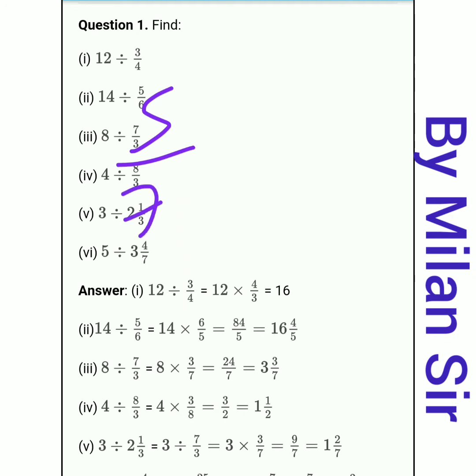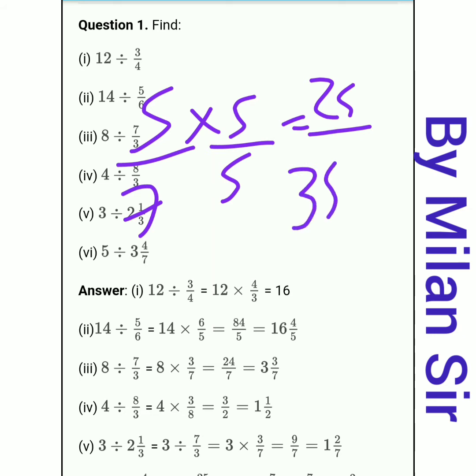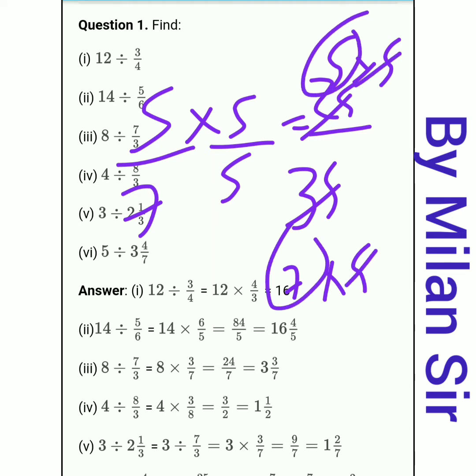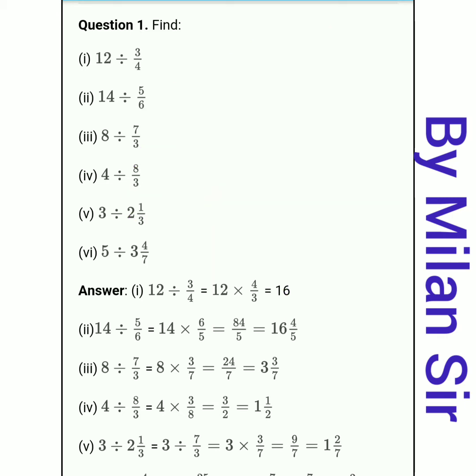That means 5 by 7, if I multiply and divide by 5, then what answer I get? 25 by 35. It's the same. Again you do the simplification, 5 cut, so again you will get 5 by 7. That means same number if you multiply in numerator, then same number you need to multiply in denominator, so that your question remains same.